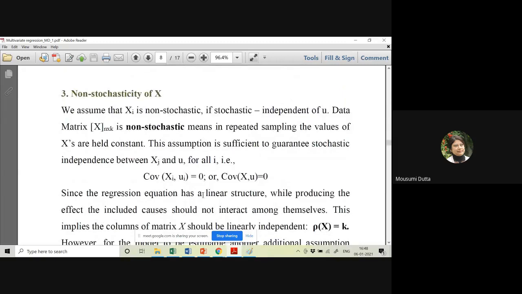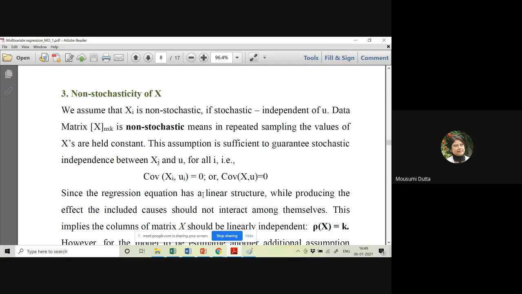So we have completed basically 3 assumptions as we discussed in the context of a 2-variable analysis. The expected value of error is 0. There is homoscedasticity, there is no autocorrelation. Next, we are going to the assumption of independence between x and u.